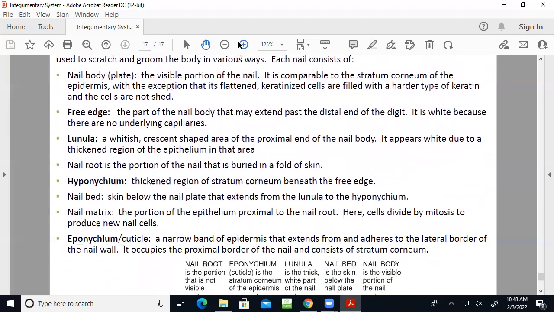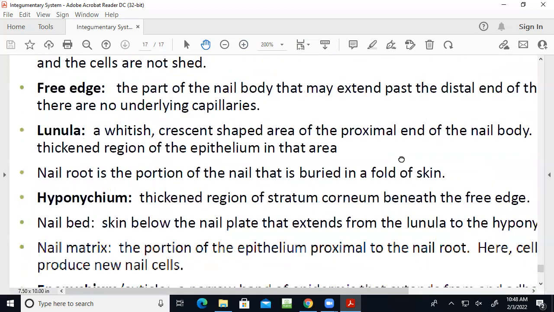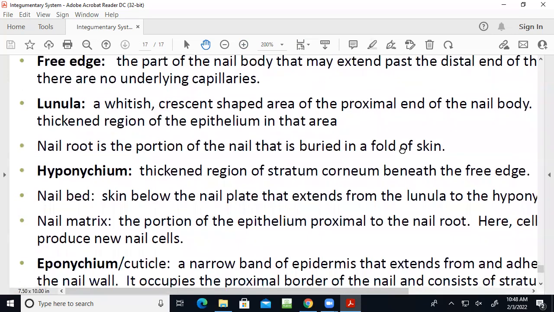All right, and then one final slide. Our final structures to discuss will be your finger and your toenails.